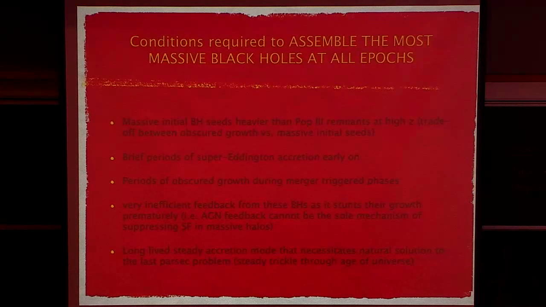Part of that can be alleviated if the efficiency of AGN feedback is tuned down. That feedback was assumed to be as efficient as it needed to be because we were trying to solve this other problem with star formation, which is a different scale problem. It was a cute solution, but I don't think we have a good enough understanding yet.